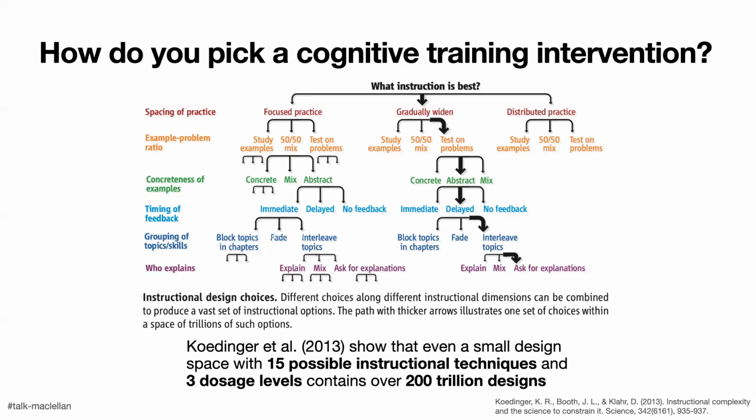So, if you're an instructional designer or a teacher or even a researcher in education, and you're trying to construct a tutoring system to support people, you have to navigate this space of all of these different options. And it's actually even slightly worse than this.